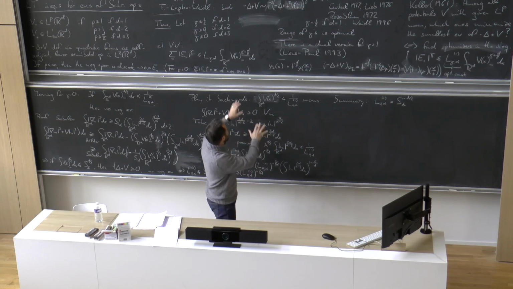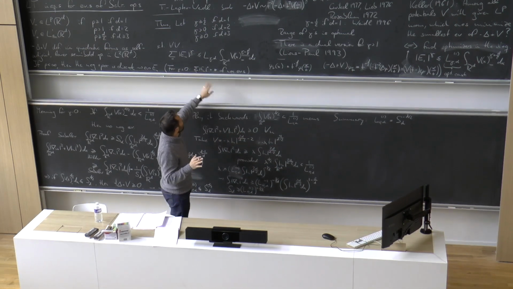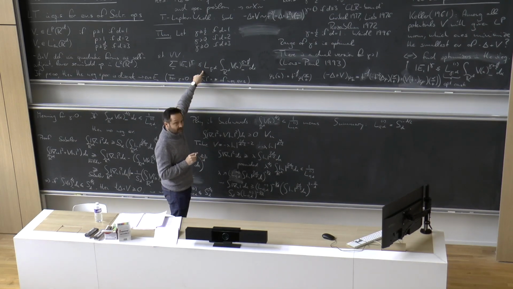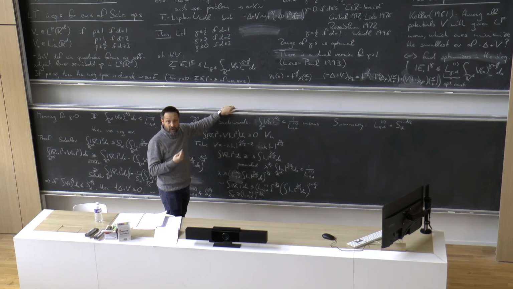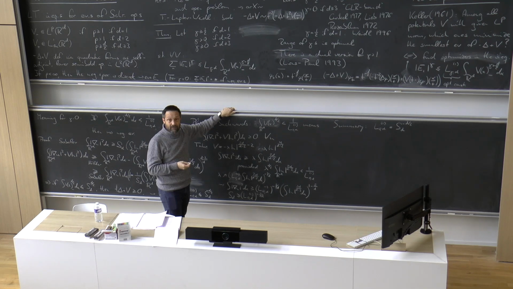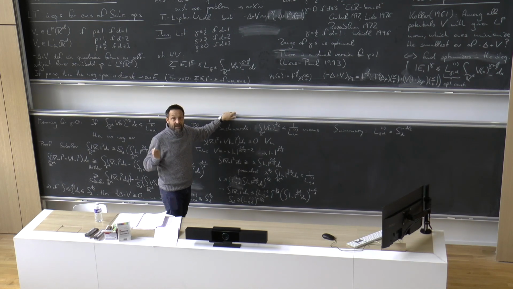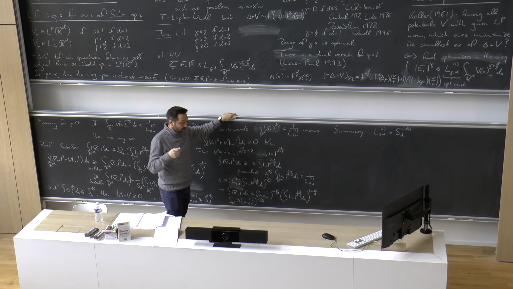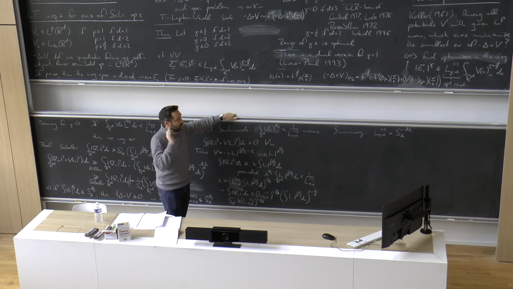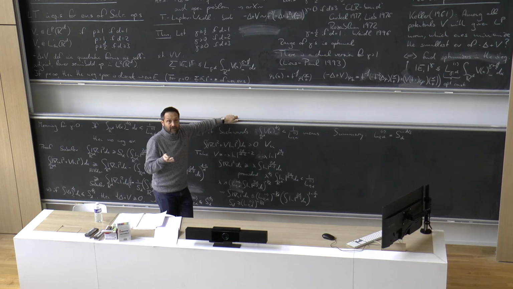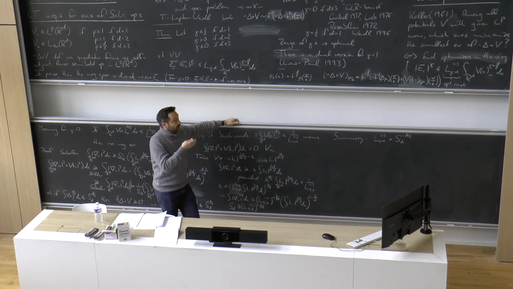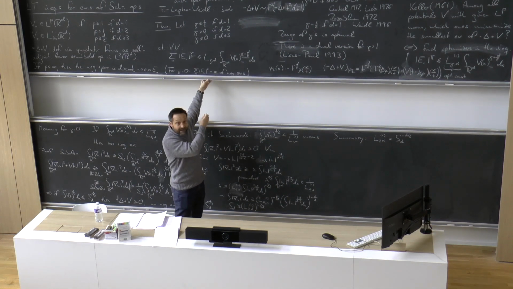Now, you might wonder, is the constant in the bound on the number of negative eigenvalues the same as the Sobolev constant in small dimensions? It's not true in dimension 7 and higher, but in dimension 3, 4, 5, I think 6, I'm not quite sure, it's still open.